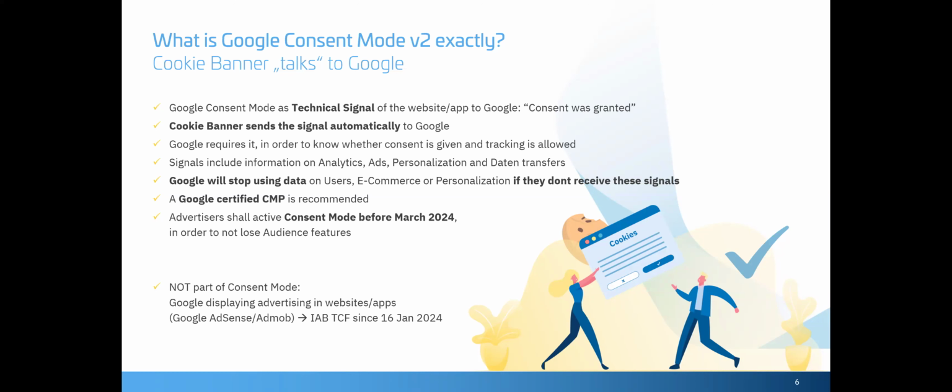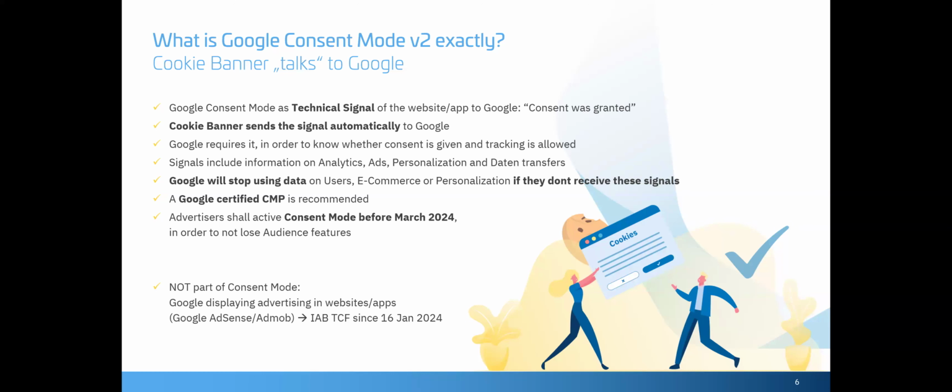And that includes getting the negative consent mode signals. So if you don't have any consent mode at all, Google will also not do anything with your data in the future. Google recommends that you use a certified CMP, a consent management platform. So that's why we have this discussion here. And Google recommends that advertisers implement this before March 2024.